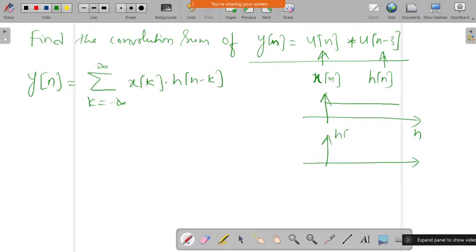So h of n is the shifted version, which is shifted by an amount of 3. So now we need to put it in terms of the variable k. So instead of n we need to write it in terms of k. Okay, so for that I am going to change it to x of k.